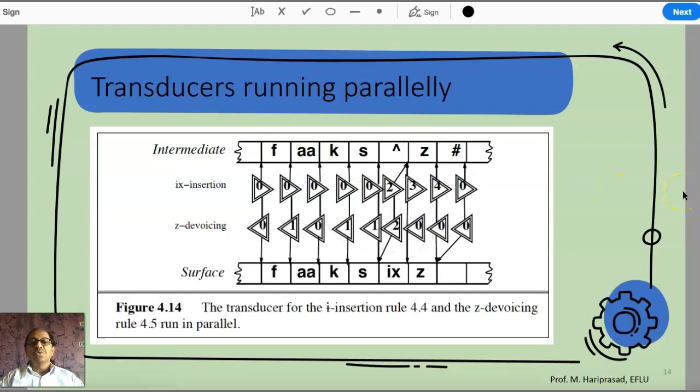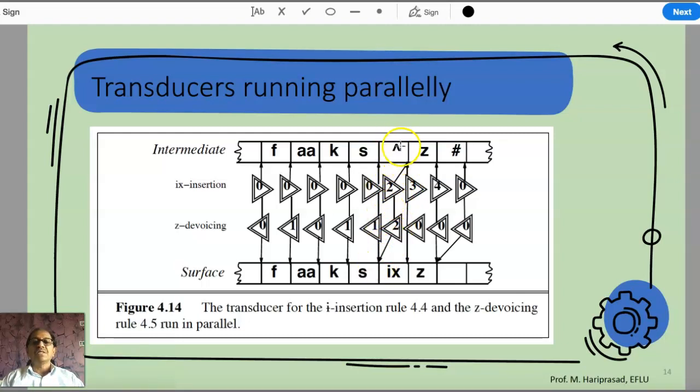So how do these transducers run parallelly? You have e insertion, you have z devoicing, both run parallelly depending on the word. So here is a word like foxes, you have s, which is a sibilant, right? And if the sibilant is followed by a morpheme boundary, then you have e insertion, which goes to 2, and that e insertion is done here.